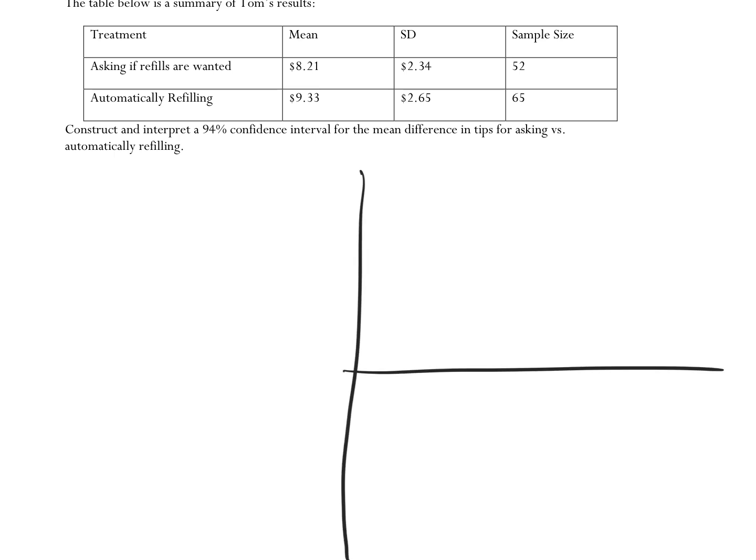For the choose, we're going to do a 2 sample t interval for mu ask minus mu auto. Everybody good?